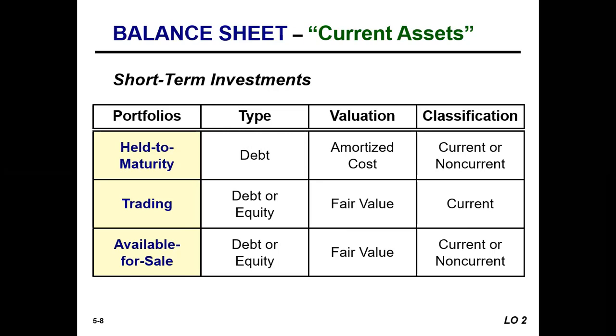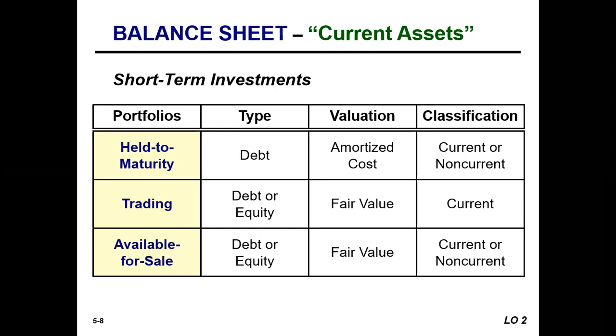Trading investments are debt securities bought and held primarily for sale in the near term to generate income on short-term price differences. And then available for sale are debt securities not classified as held to maturity or trading securities.